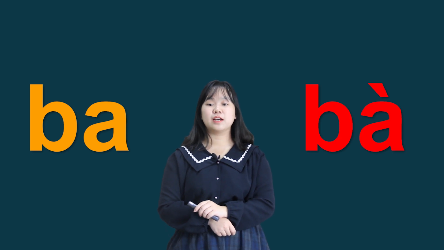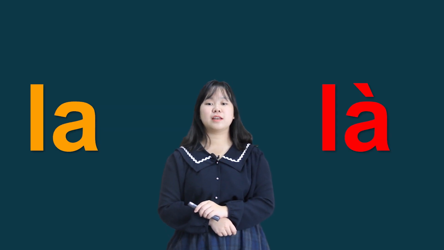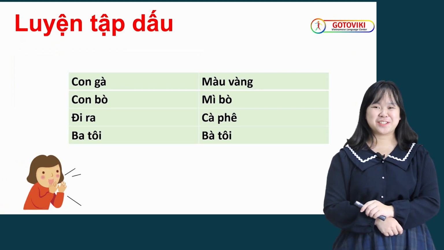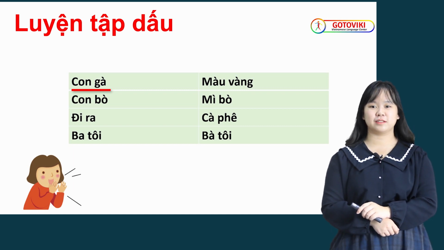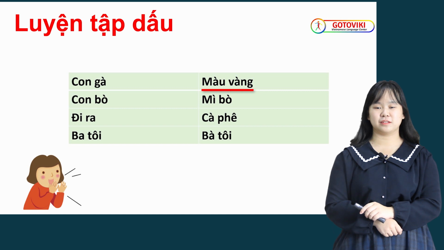A, à, ba, bà, la, là, bo, bò. Okay, very good. Now, let's practice together some following words. Con gà, con gà. Màu vàng, màu vàng.